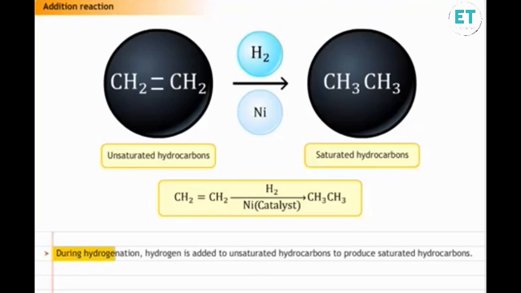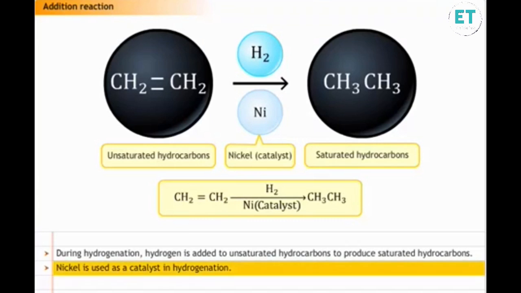In this addition reaction, hydrogen is added to unsaturated hydrocarbons in the presence of a catalyst to produce saturated hydrocarbons. A catalyst is a substance that helps in a reaction without itself undergoing any change. The most common catalyst used during the process of hydrogenation is nickel.